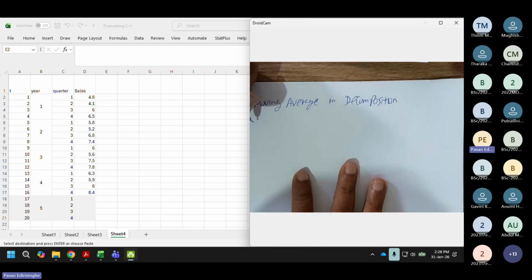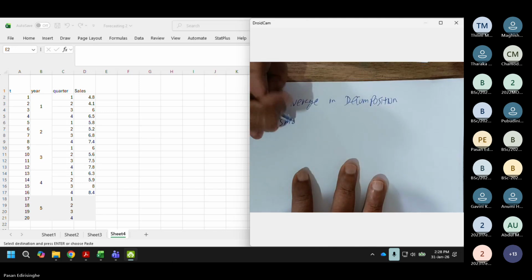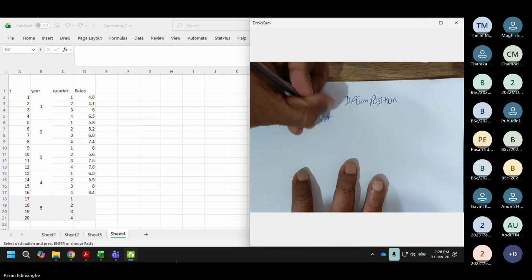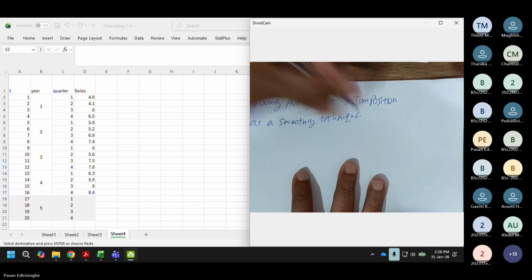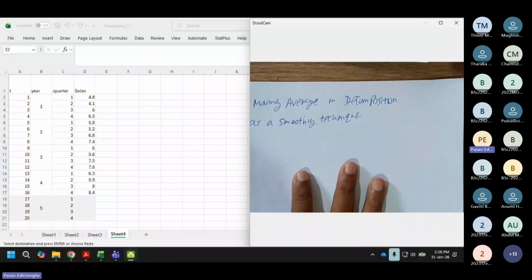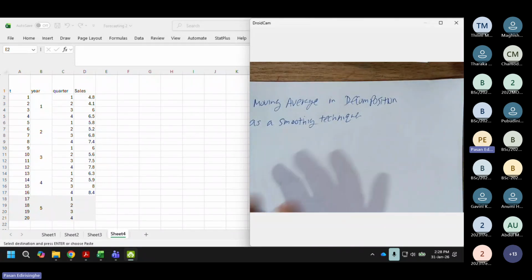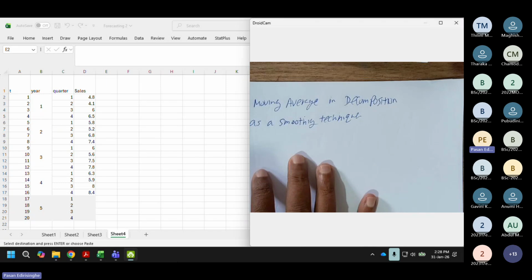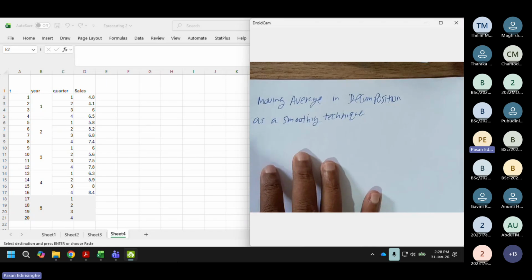So we are using it as a smoothing technique, as we can also do with exponential smoothing. Now any moving average order we can use here.